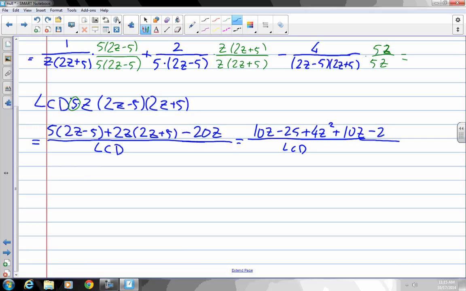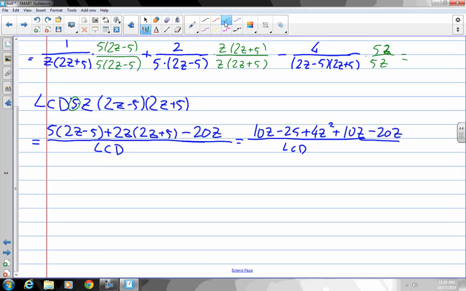And then we have minus 20z. So we have 10z plus 10z minus 20z in the numerator.